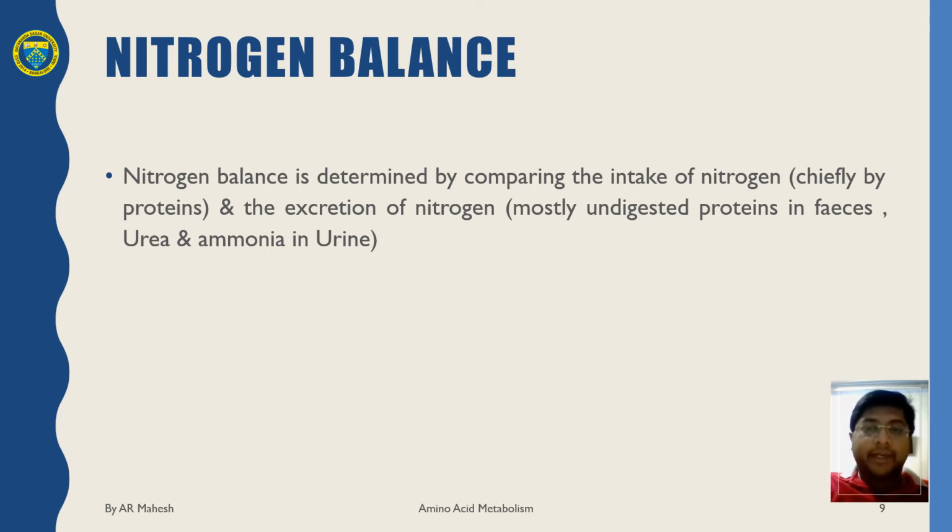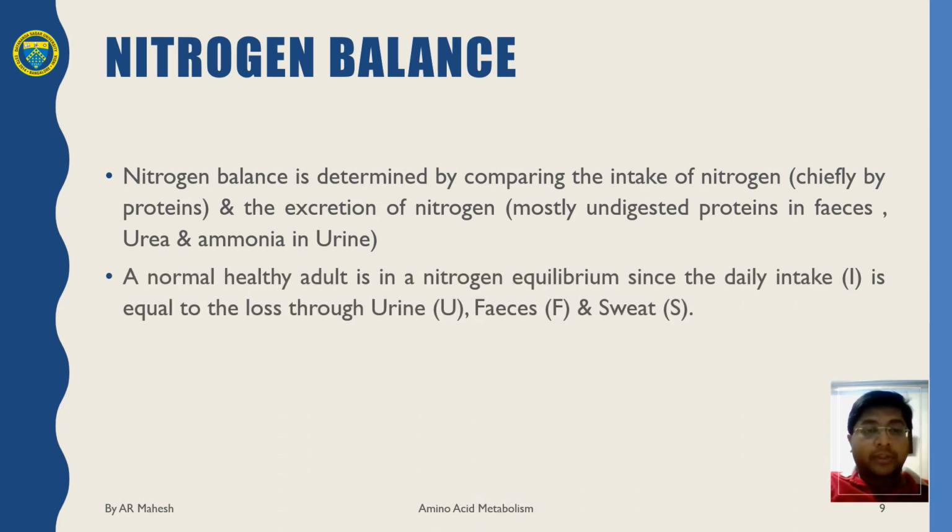The intake takes place through proteins, and excretion takes place through undigested protein in feces and urea or ammonia in urine. The normal healthy adult is in nitrogen equilibrium, since the daily intake is equal to the loss through urine, feces and sweat. So this is the general formula for nitrogen.